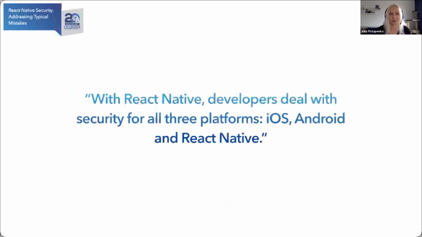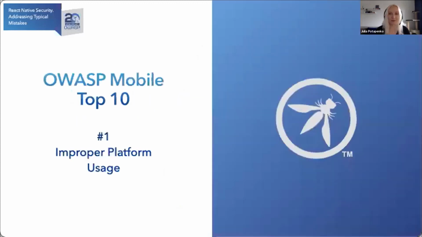Okay, moving forward. With React Native, developers deal with security for all three platforms, with iOS, with Android, and with React Native. I'm pretty sure you're familiar with the mobile top 10 from OWASP, similar to the regular OWASP top 10, but for mobile applications.